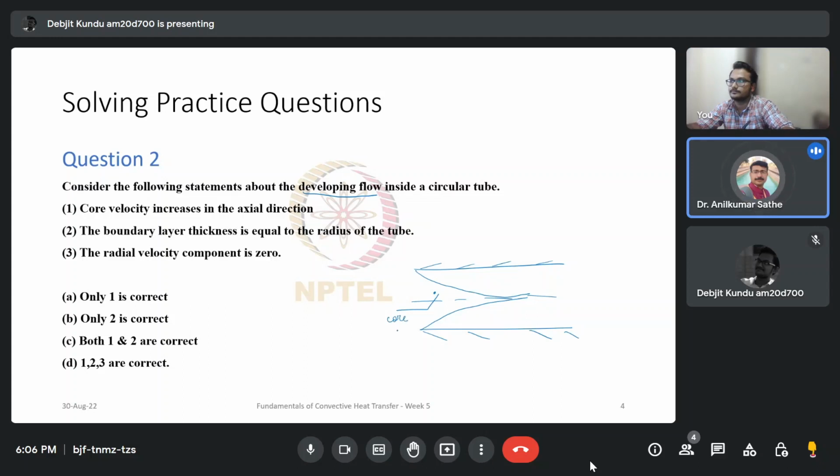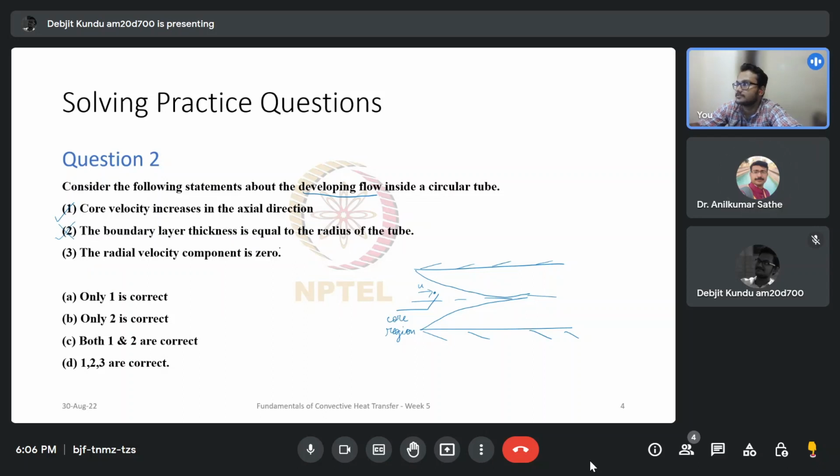It is increasing, sir. Yes, I am wrong. So the velocity here is increasing. So the first one is correct. The second is wrong, because this is true only in the developed region. Correct. So this is wrong.